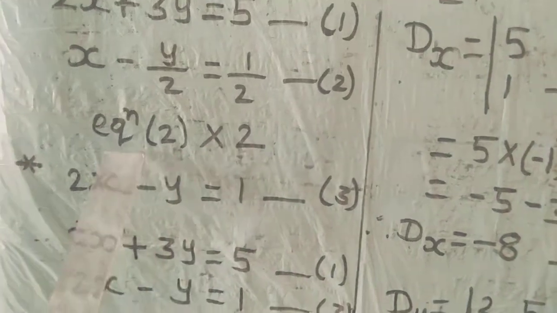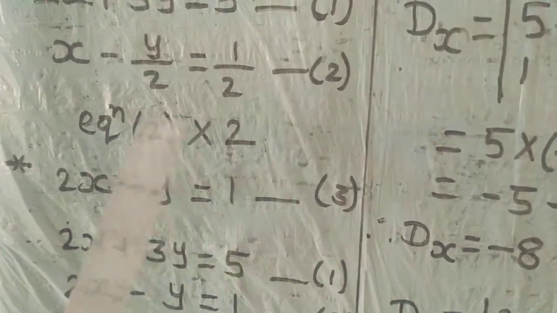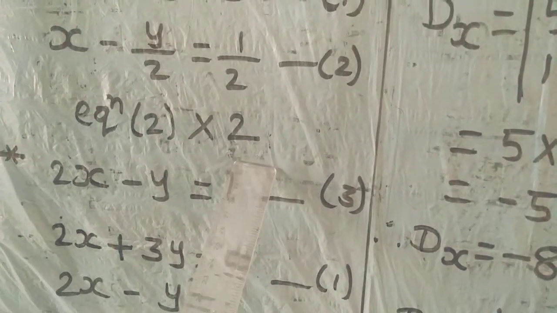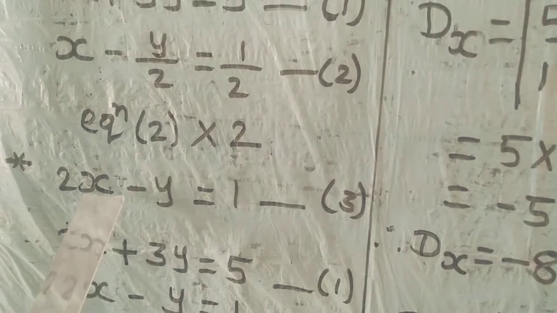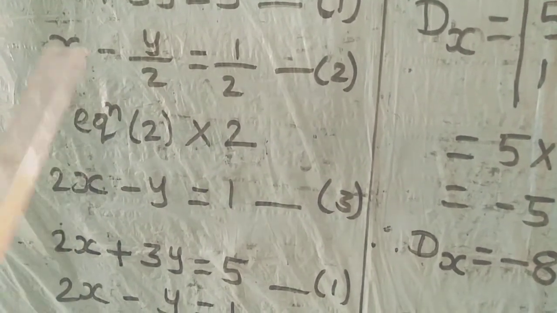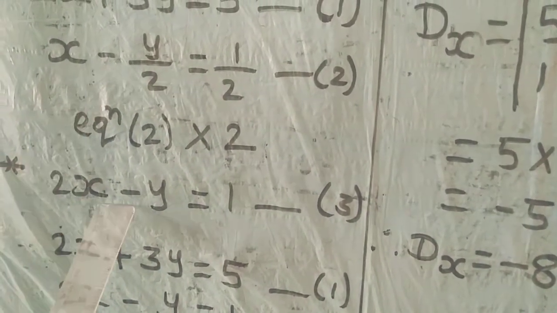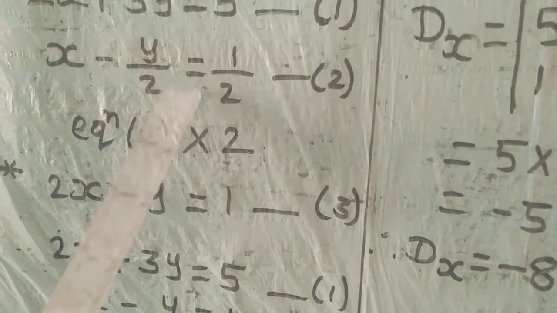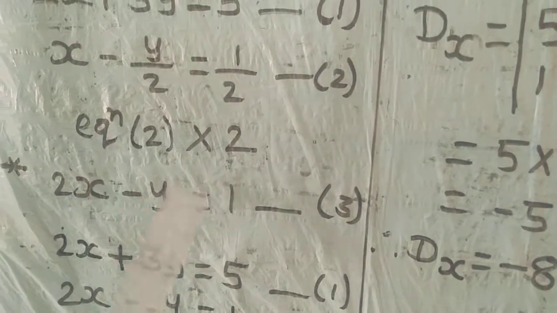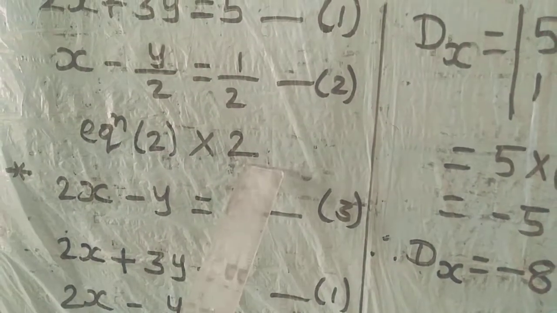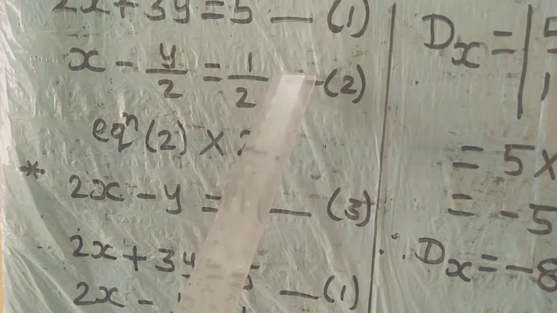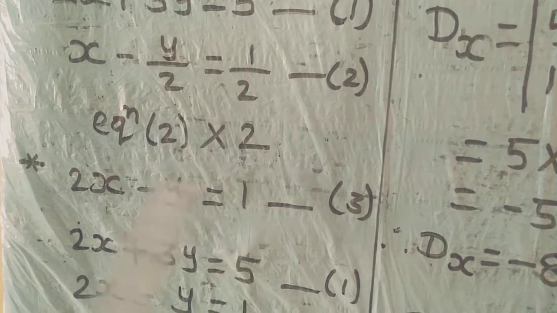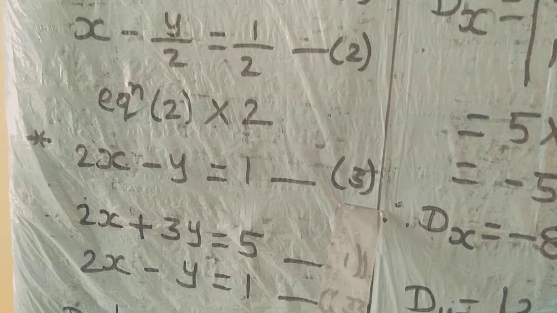So we multiply equation 2 by 2 so that it becomes 2 multiplied with x, that is 2x, 2 multiplied with y upon 2, the 2 gets cancelled, we get y only, then again 2 multiplied with 1 upon 2, the 2 gets cancelled, then we get 1. So this is our equation 3.